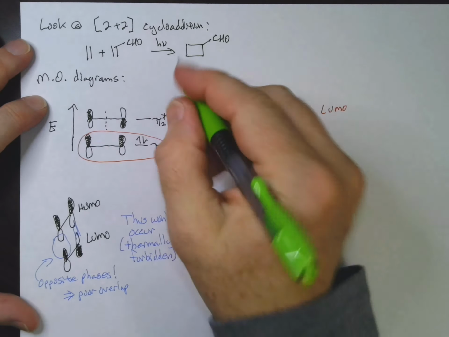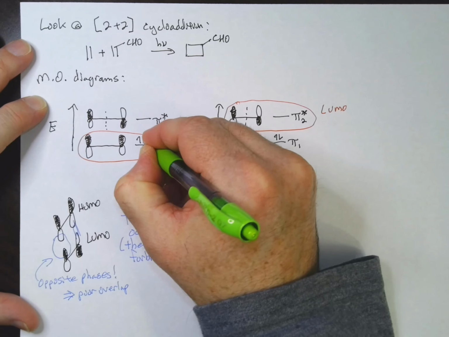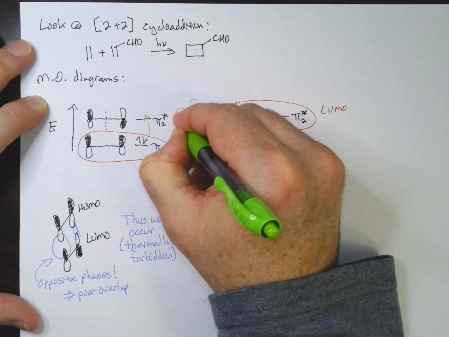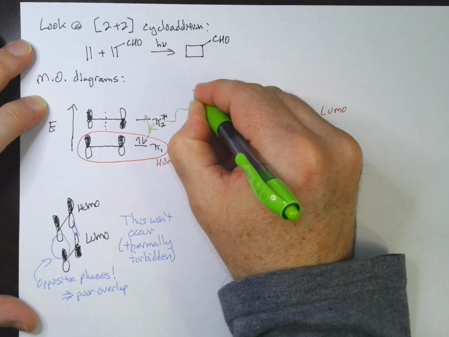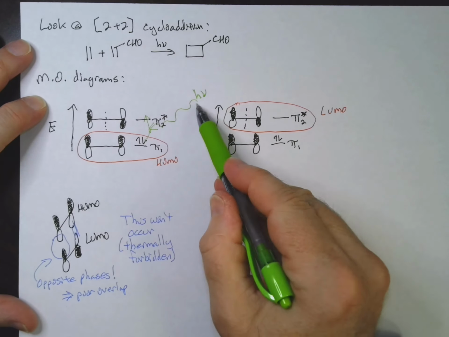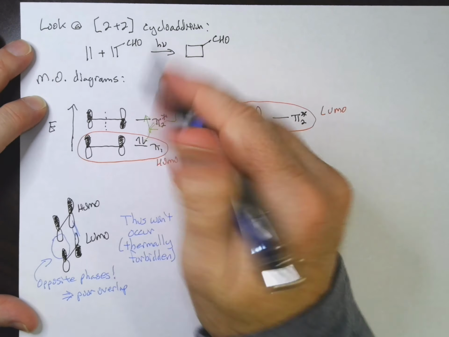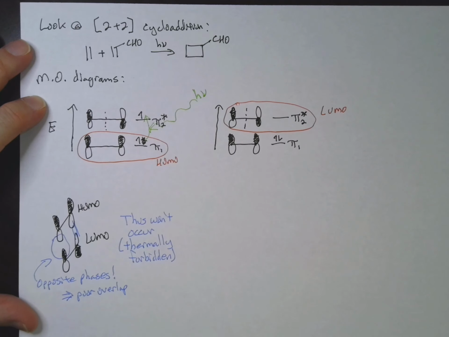So what we're actually going to do is promote one of those electrons by irradiating with some UV light. So I'll shine in some UV light, it'll promote one of the electrons. So this guy's going to leave and it'll end up there.